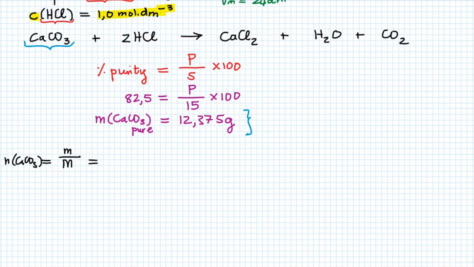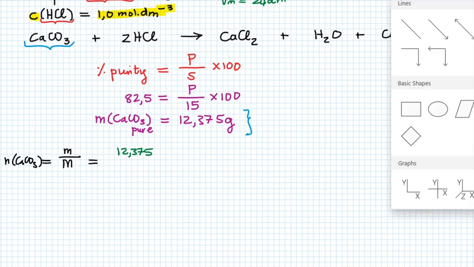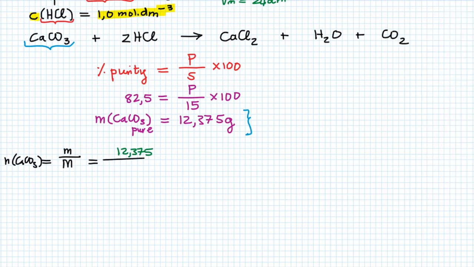So now we say 12.375. Notice that I did not round this value off because we have not reached the final answer. We do not round off our answers until we get to the final answer in a question. Divided by 100 because the molar mass of calcium carbonate is 100, and this is going to give us an answer of 0.124 moles of calcium carbonate.